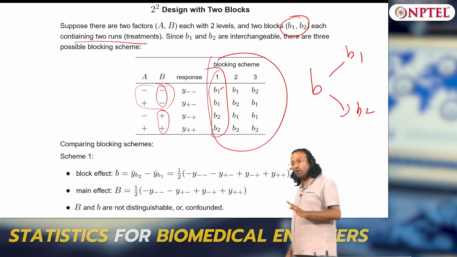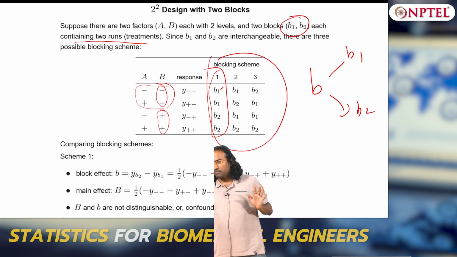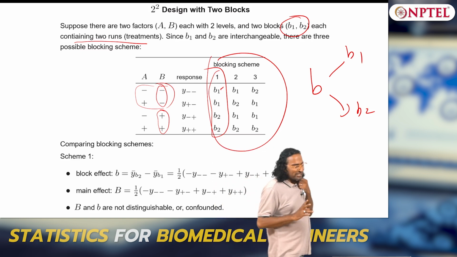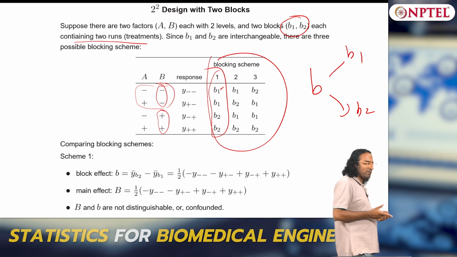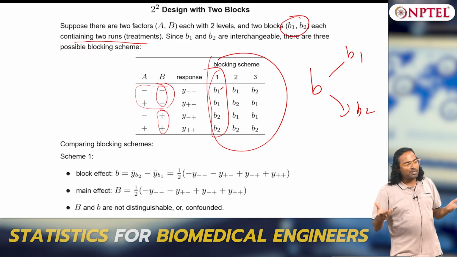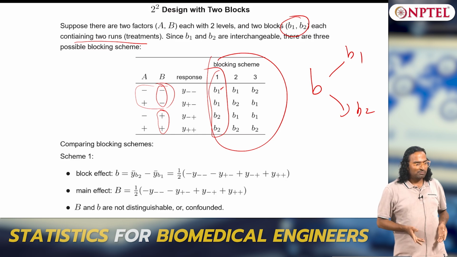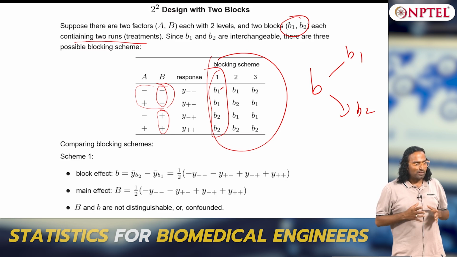So I have only 4 experiments, but I still would like to do blocking. That is the question we are asking. I do not have a full set of experiments, only partial experiments for various reasons, but I have to block invariably because I know the raw materials are different or the conditions are different. So there is no point without doing blocking. That is the question we are asking.